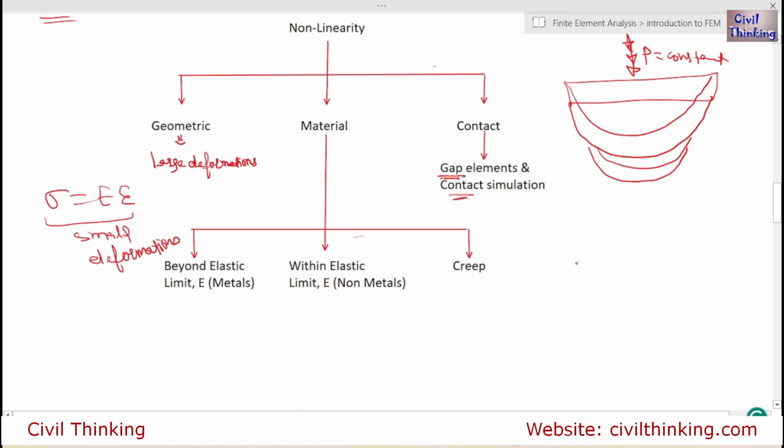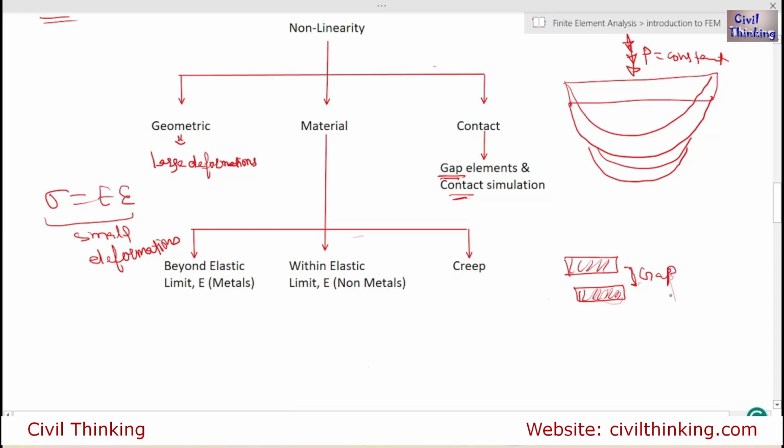Gap is when we have some gap between two objects. This is object 1, this is object 2, material 1, material 2, and there is a small gap between them.